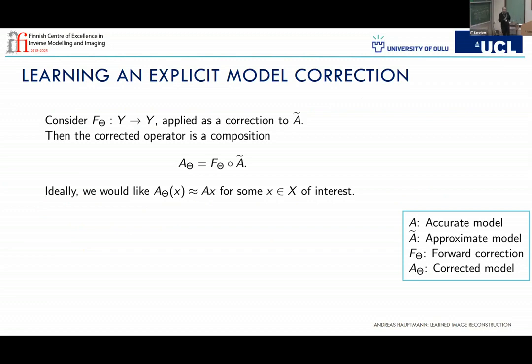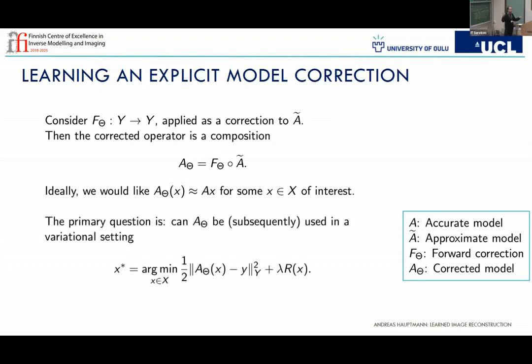Ideally, of course, we would like our corrected forward model to be similar to our accurate forward model, but we cannot really expect this for all possible X. It's also nicely mentioned in previous talks. There is a subset, which will later be our training data, on which we can expect it to work nicely.